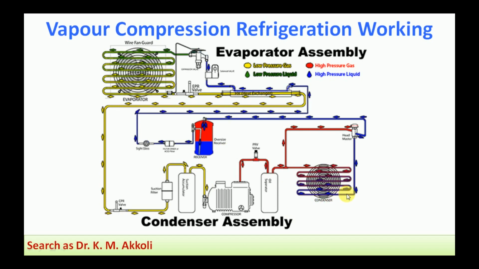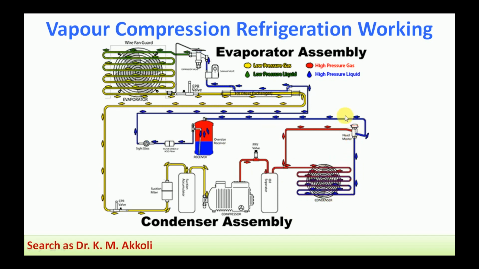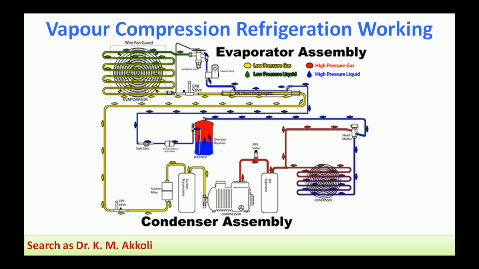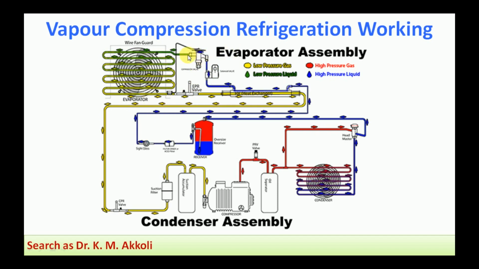At the end of the condenser, the liquid refrigerant is formed, and that goes through the different valves and receiver to the expansion valve here. In the expansion valve, it expands suddenly, and due to that the pressure as well as the temperature both decrease, and then it goes to the evaporator, and again compressor, condenser and expansion valve.